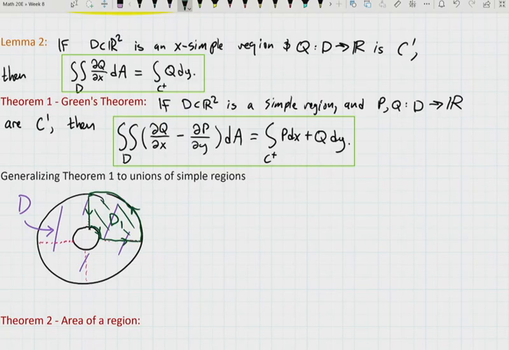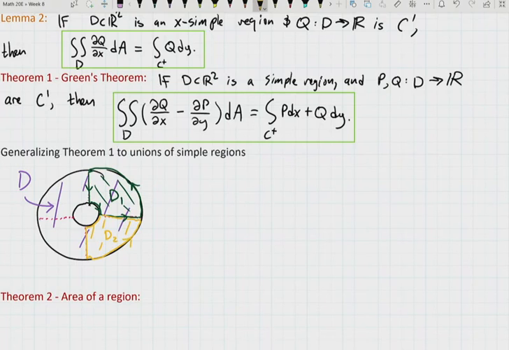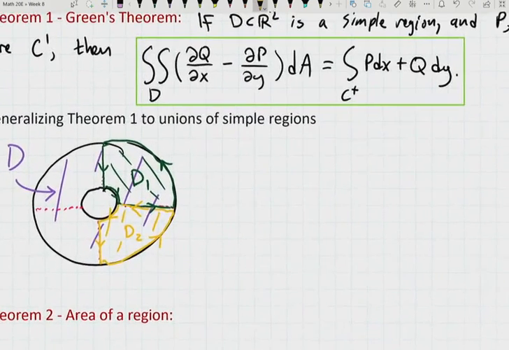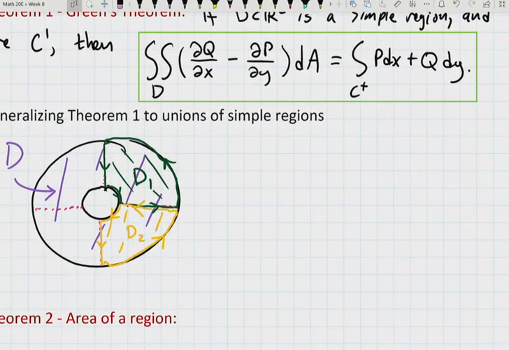Now let's look at the piece below it. How about this one right here? I'll call this one D2. D2 is also simple, and the clockwise orientation on the boundary will look like this. Now here's the cool part. Let's say I integrate over the union of D1 and D2. They have a line in common.